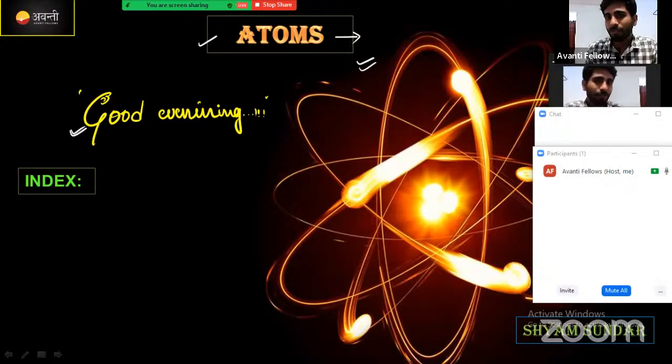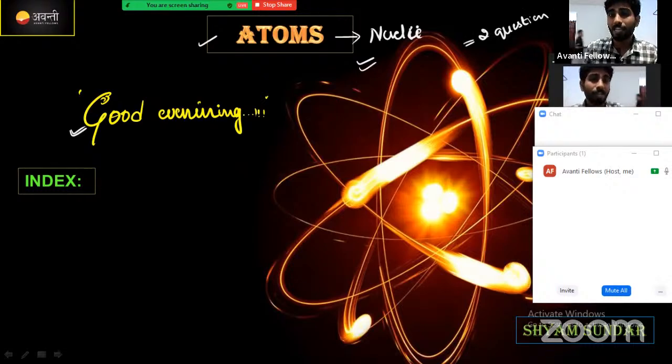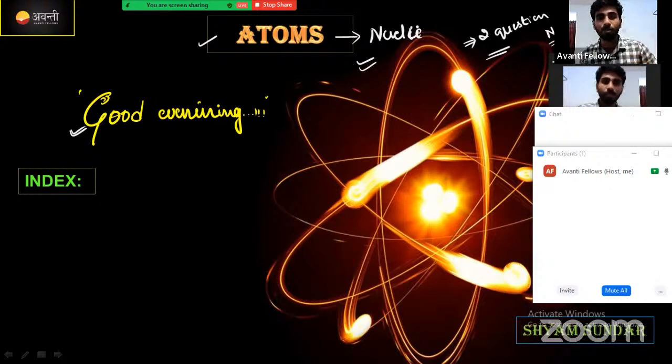Along with one more chapter, we call it nuclei together. From these two chapters combined, we can expect minimum two questions in JEE and NEET. Especially in NEET, you can easily crack two questions from this chapter.